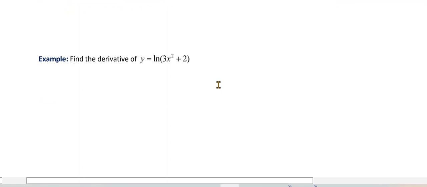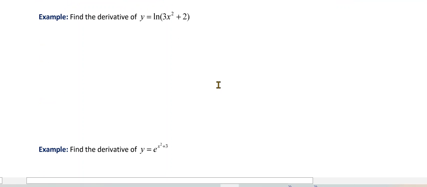A logarithm. Okay, so remember that the derivative of the log of x is simply 1 over x. So we're going to do the same thing here. The derivative of this is 1 over my inside function, which is what's inside the parentheses, so 1 over 3x squared plus 2.